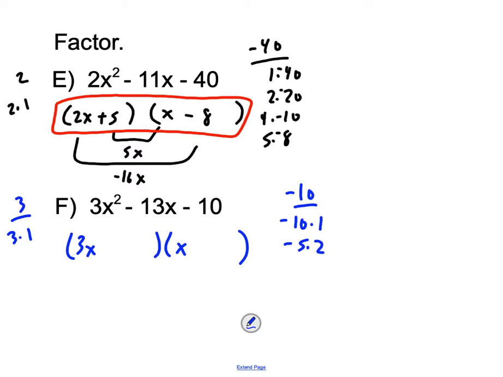So let's put them in there. I usually start off with the non-ones, like that 5 and that 2 there. So I'm going to put in my minus 5 and my plus 2. Check those. Negative 5x and 6x. No, that gives me a 1x. So I'm going to swap them.